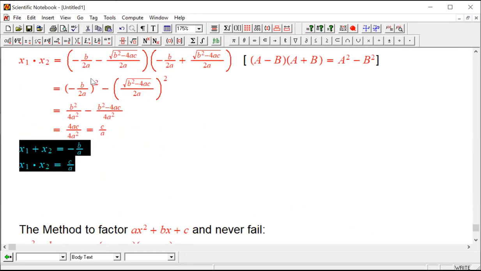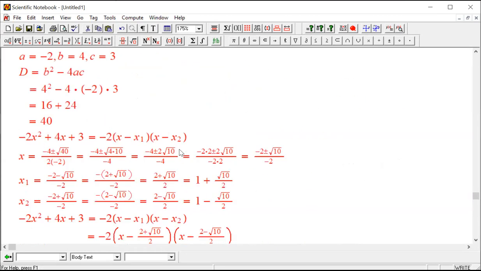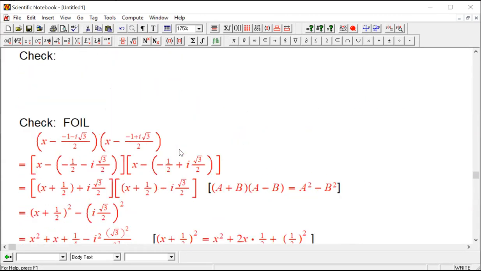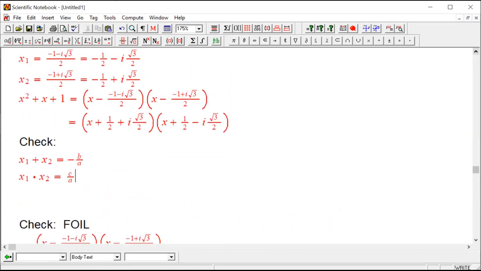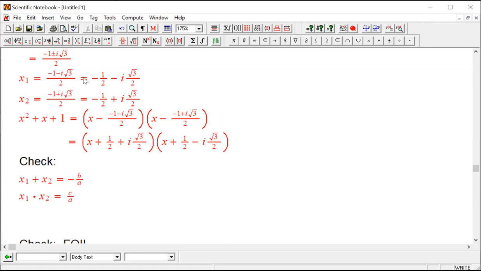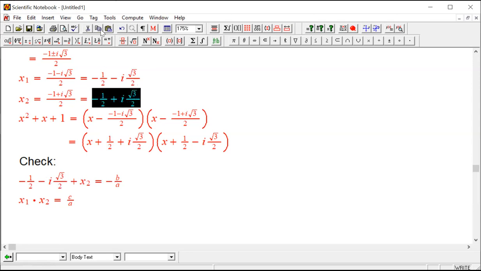Right here. Okay, so I just don't want to type it over. So in this case, when we check it, this is x1. That's x2. When we add them, right?